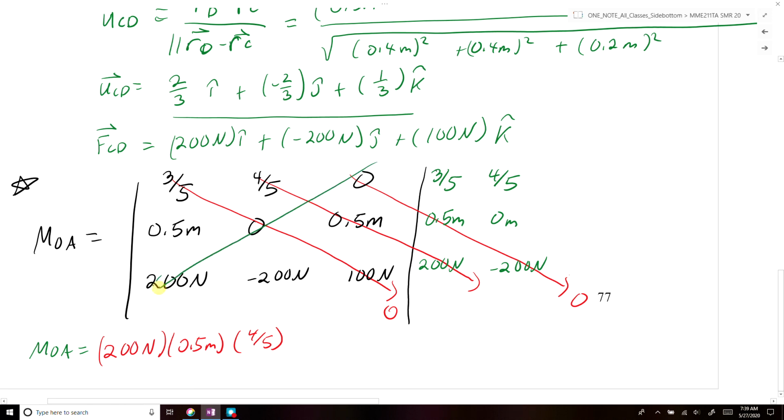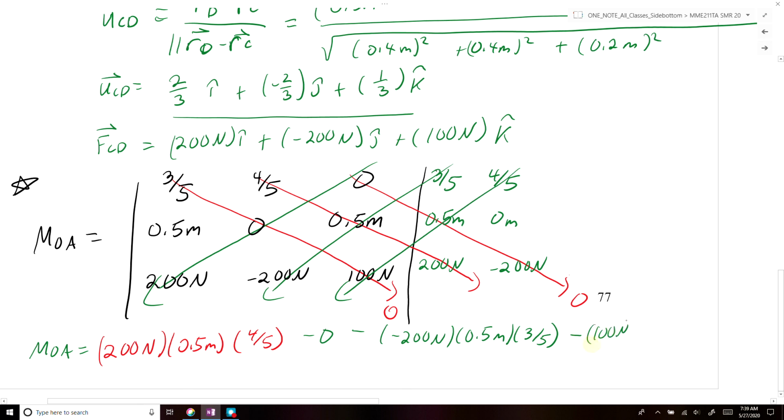So we get minus 0 for the first diagonal, minus negative 200 newtons times 0.5 meters times 3/5, and then for the last diagonal, minus 100 newtons times 0.5 meters times 4/5.